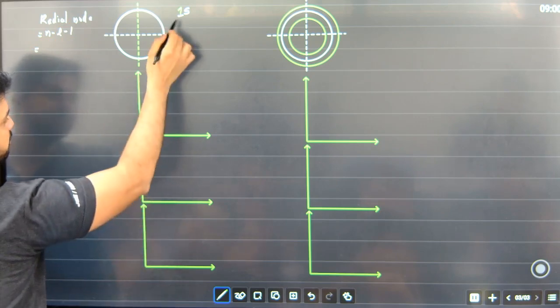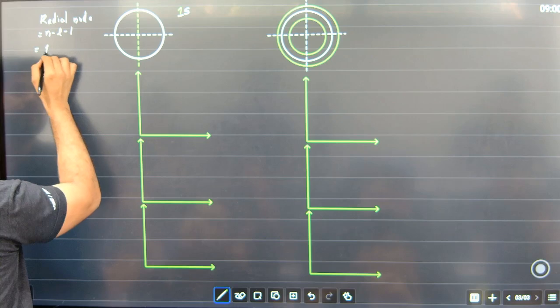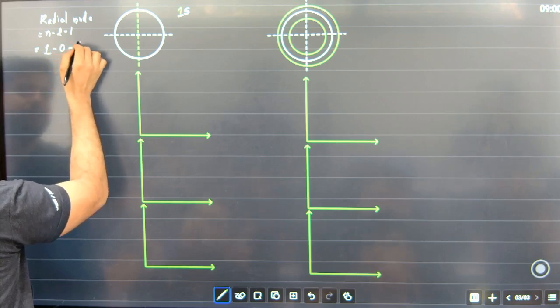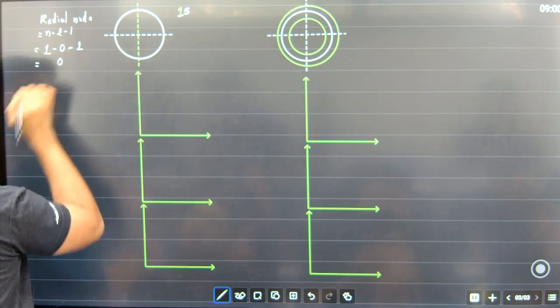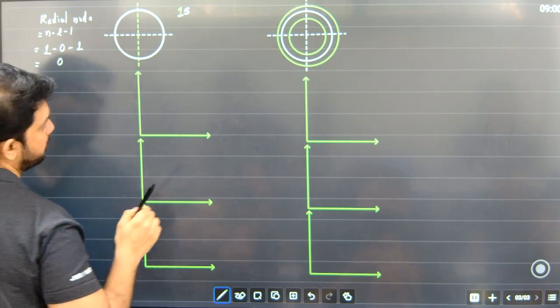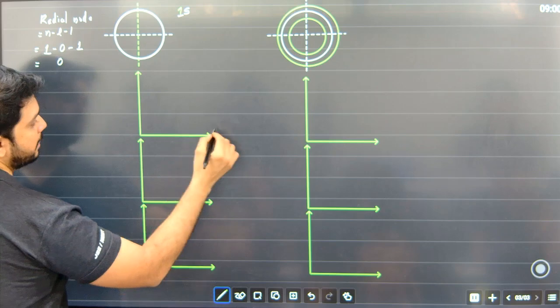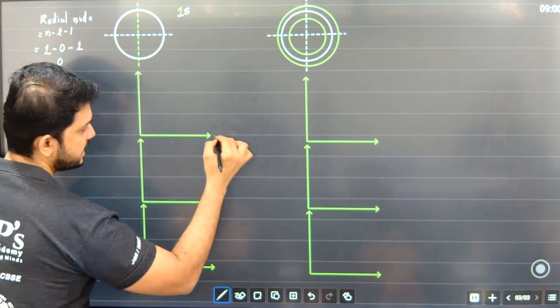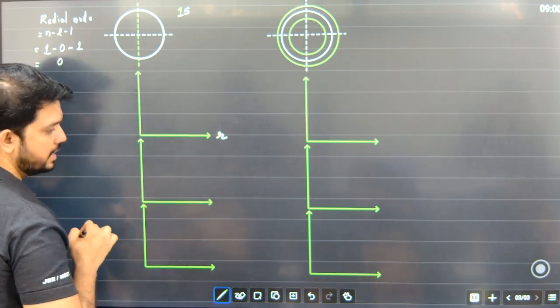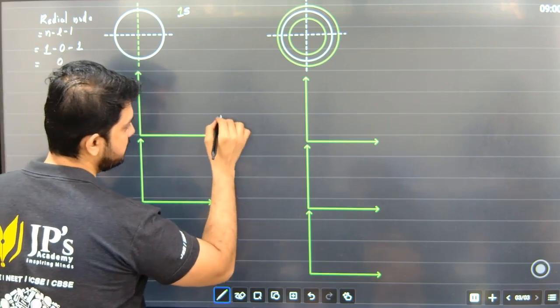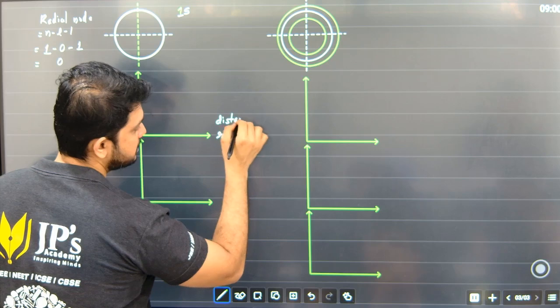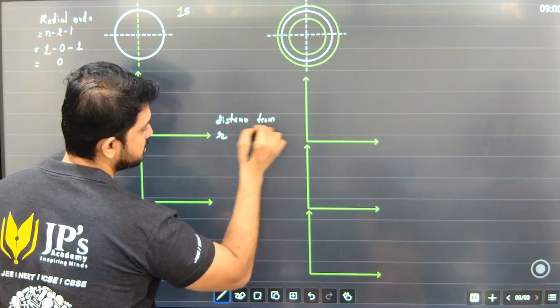What is the value of n, people, for 1s? 1. And the value of l for s is 0. So, are there any nodes present? No. Now, what you have on the x-axis is r. r is the radius, or you can say this is the distance from the nucleus.